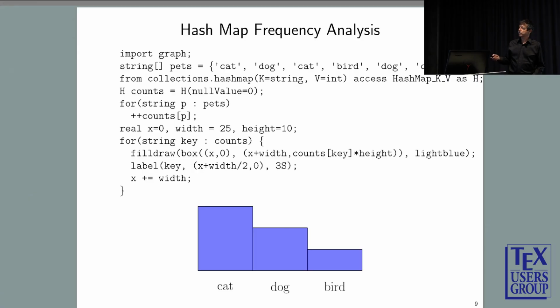I go through this list for every pet. I do a frequency analysis, and so I know how many pets I have of each type, and then we can graph it out. This is just the code for producing this graph, and you see that the cats win. There's 3 cats and 2 dogs and 1 bird.